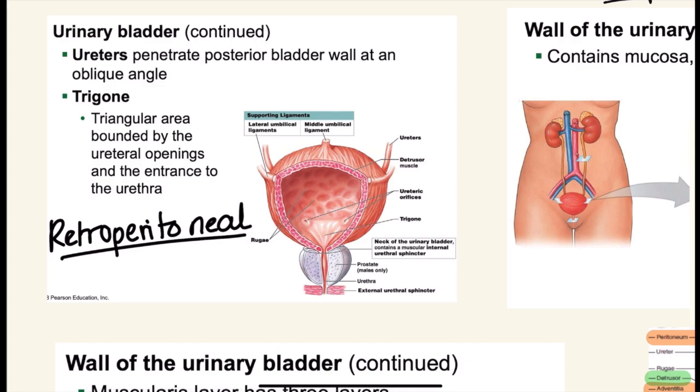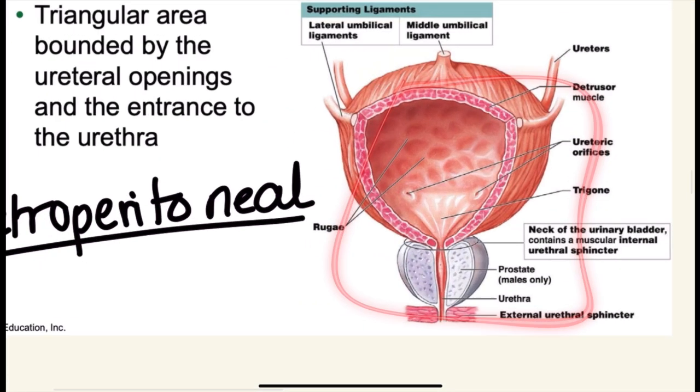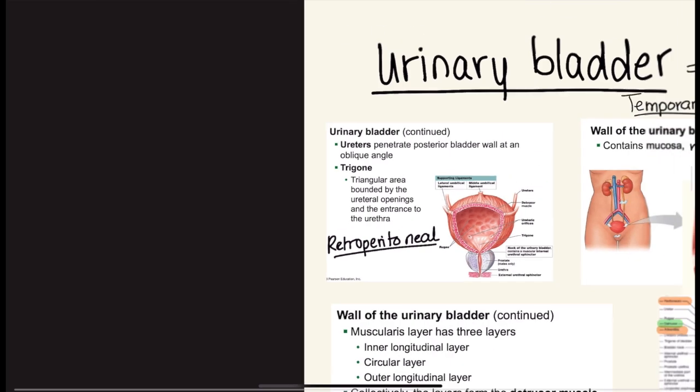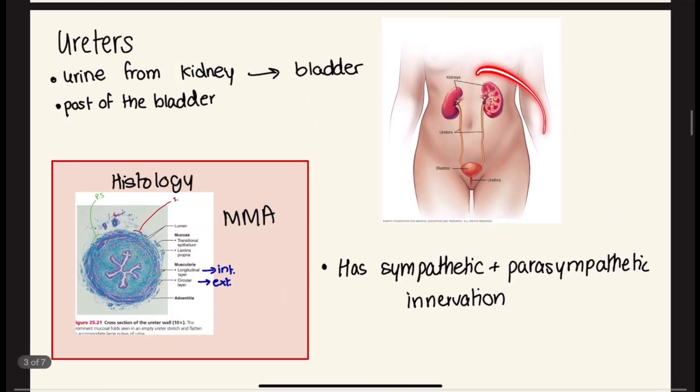First of all, if you look at the urinary bladder, the first thing that you're going to notice is this area over here. We call it a trigone. A trigone is an area in the urinary bladder that is bounded by two ureteral openings. Remember the ureters, they come from where? They come from the kidneys, and they drain into the urinary bladder.